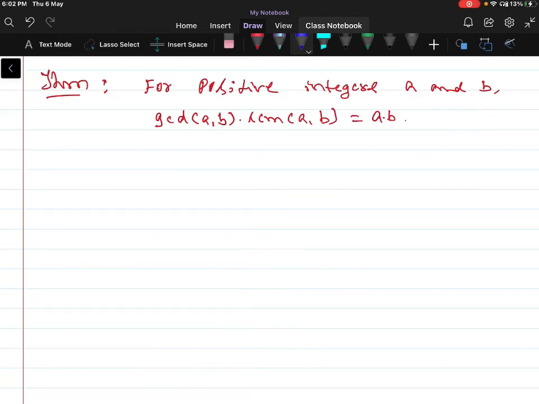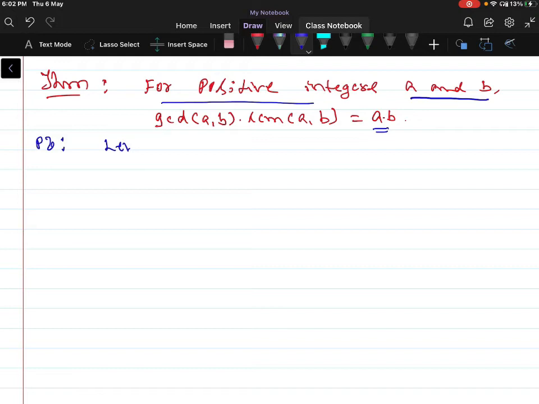Now we will move to the property, the relation between the greatest common divisor and least common multiple of the integers a and b. The statement: for positive integers a and b, GCD of a, b into LCM of a, b is equal to the product of the two integers a, b. Now let us move to the proof.